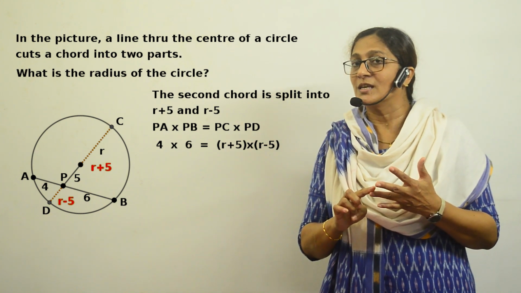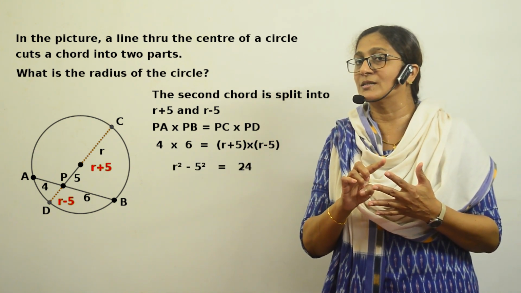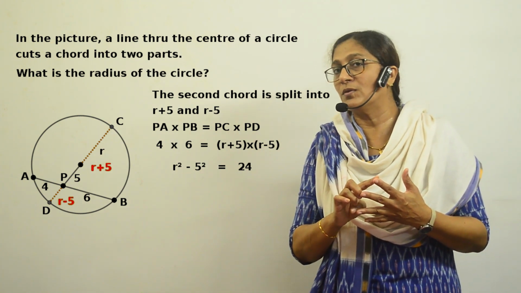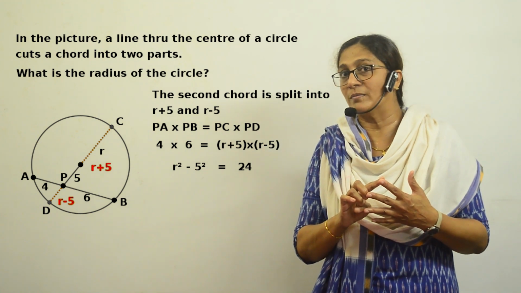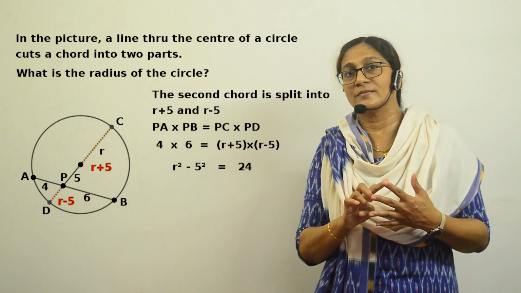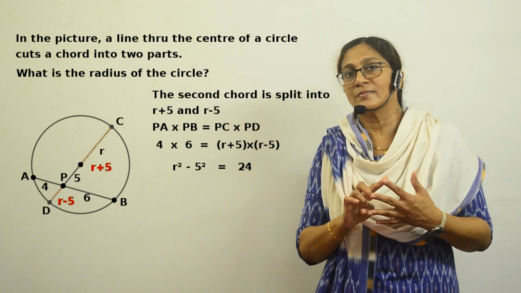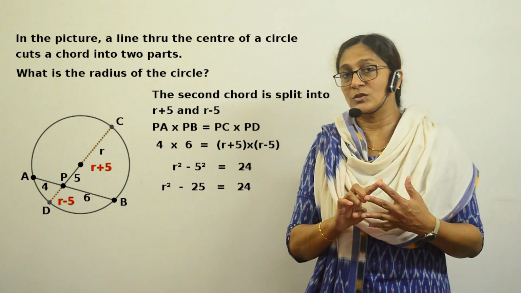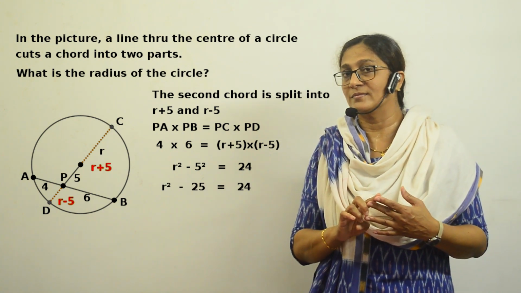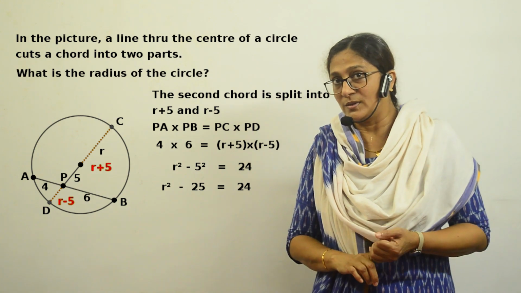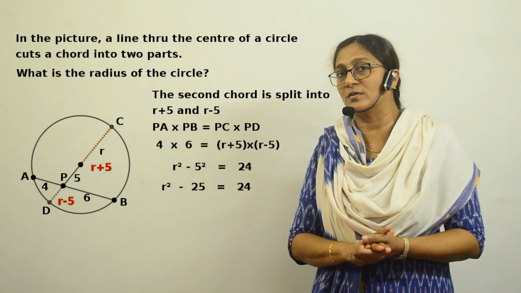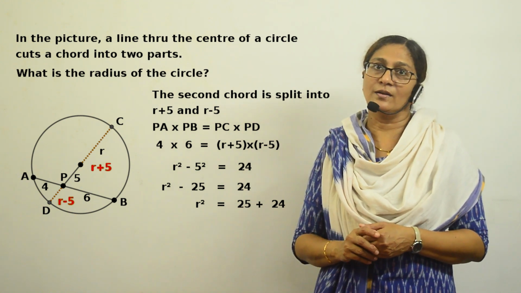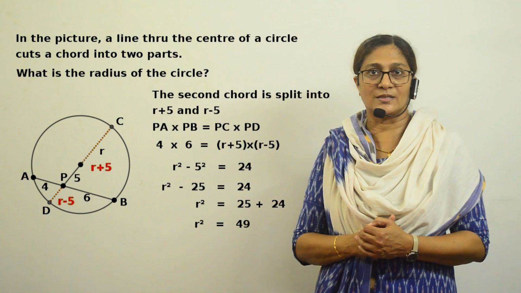Now 4 into 6 is 24. 24 equals R squared minus 5 squared. 24 equals R squared minus 25. Or R squared equals 25 plus 24. 49. R squared equals 49, from which we get R is equal to 7 centimeters.